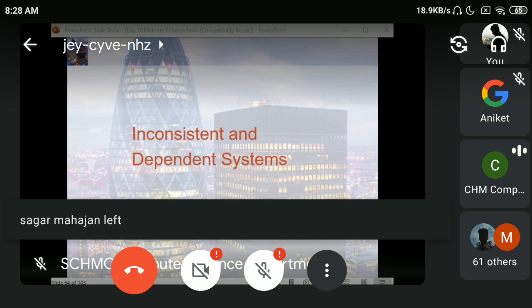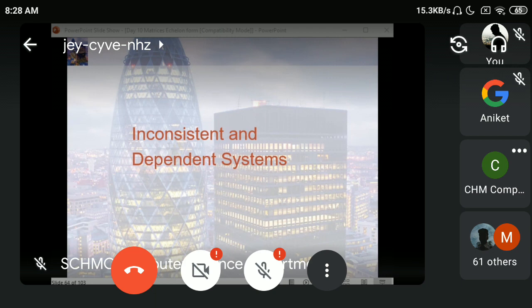Maybe you'll get 0 equal to 1. If you get 0 equal to 0, I will still say it is consistent. But if I get something like 0 equal to 1, then I will call it inconsistent.